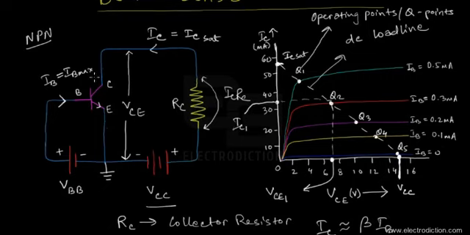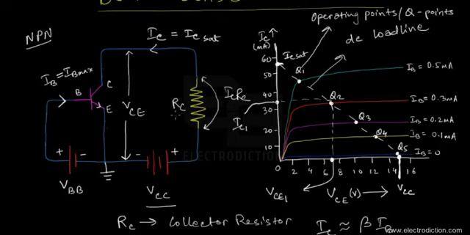So if we need to keep the BJT biased at this particular Q point Q2 over here, then we need to keep the collector to emitter voltage of this BJT output circuit at VCE1, and correspondingly the collector current would be IC1. So these are the necessary conditions.